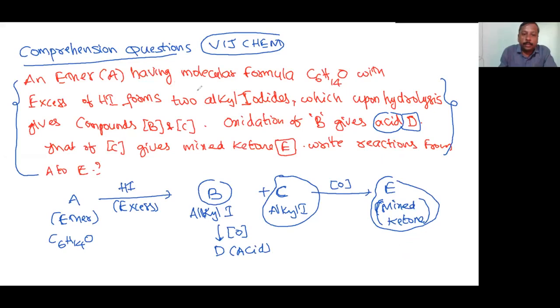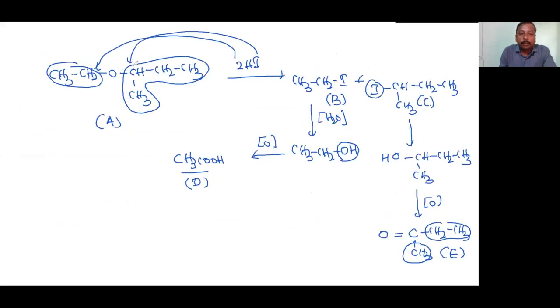To make it a ketone, I have to take secondary iodine. And to make it mixed, I could take propyl on both sides, but why am I not taking that? Because on one side I want ethyl, and on the other side I want butyl. Then only it will give you the mixed ketone. So accordingly, I have arranged and got the formula of A. One side butyl, another side ethyl, secondary ketone, and primary carboxylic acid. Is that clear now?